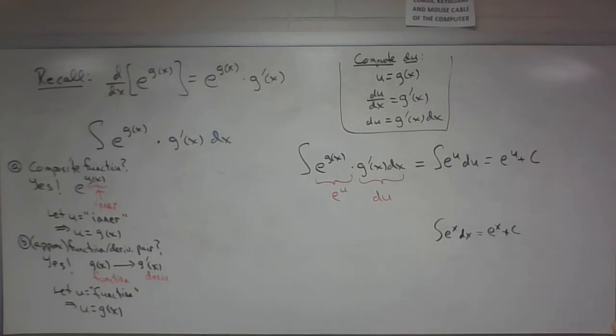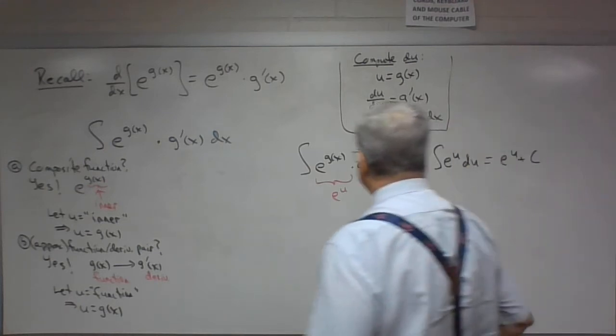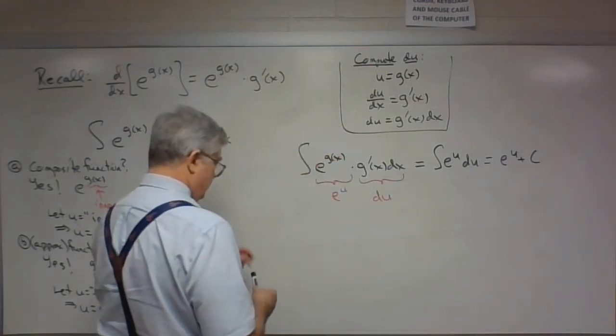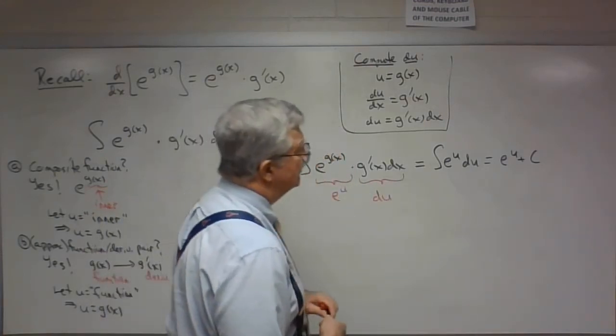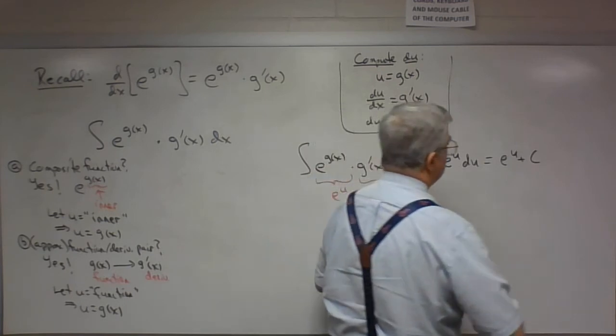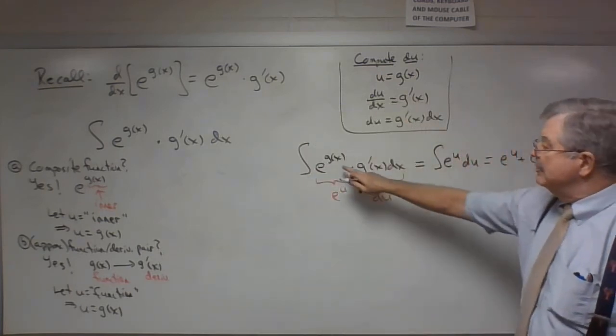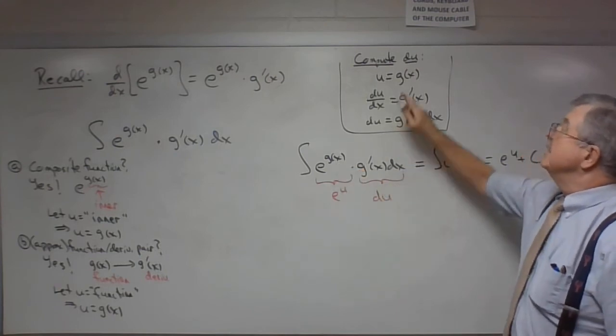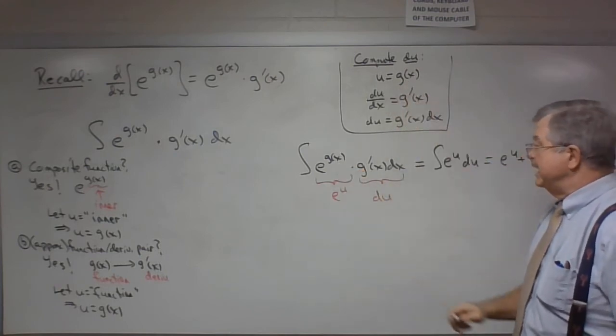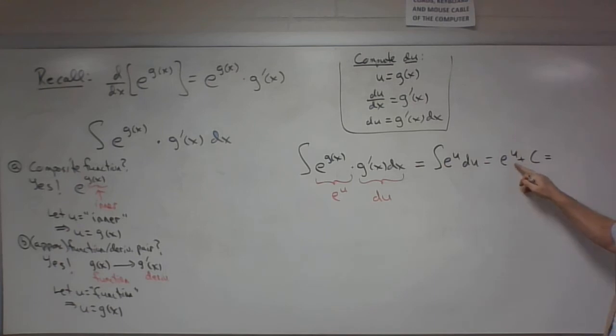And now that we've rewritten it in terms of u, let's go back to our original expression. u and g of x are the same. In terms of u, this is our answer. In terms of g of x, this is our answer.